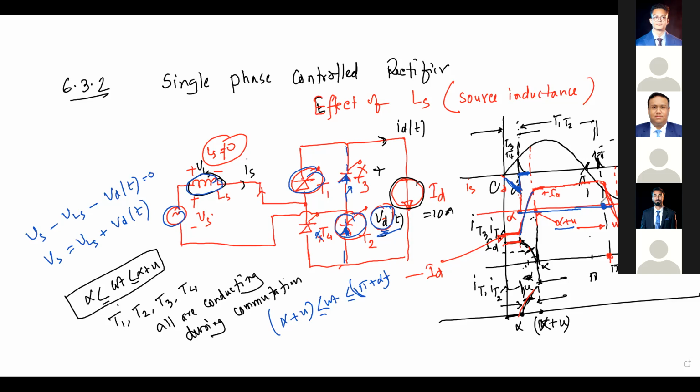So this point is pi plus alpha, right? We have applied the firing pulse here for your T3 and T4. Okay. So during this period, look here, which are the thyristors that are conducting? T1, T2.